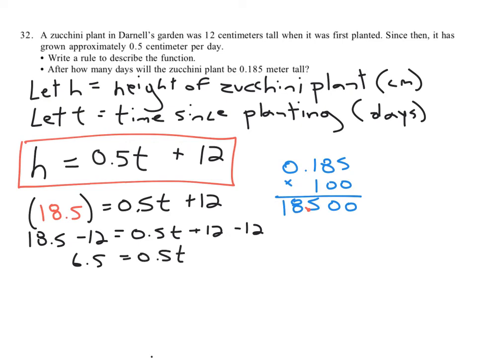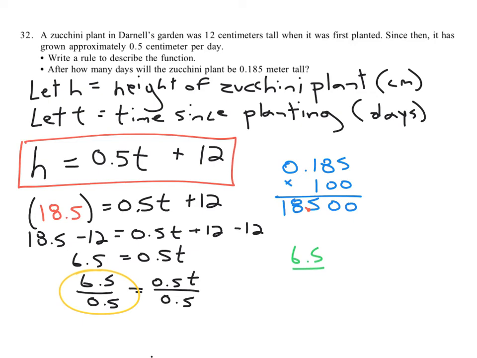Now we've got to divide by the coefficient, 0.5 equals 0.5t divided by 0.5. And I'm going to do a nifty little trick here. I'm going to take this, which is what we're trying to figure out, and rewrite it over here, 6.5 over 0.5.